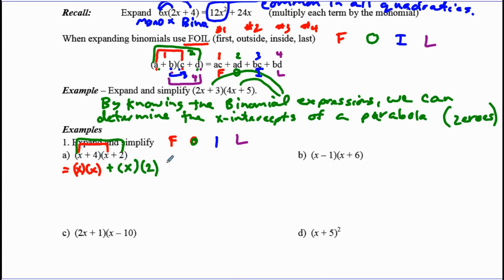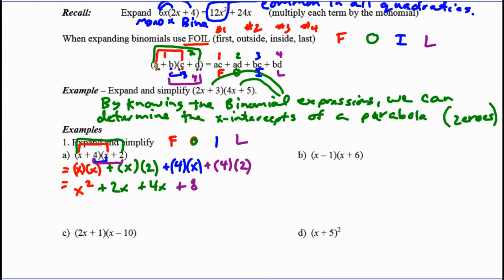So x times 2 plus 4 times x, okay, plus 4 times 2, okay, in this last bracket. All right, so we have x times x is x squared, 2 times x is 2x, 4 times x is 4x, and 4 times 2 is 8.